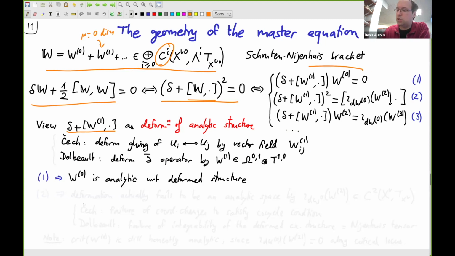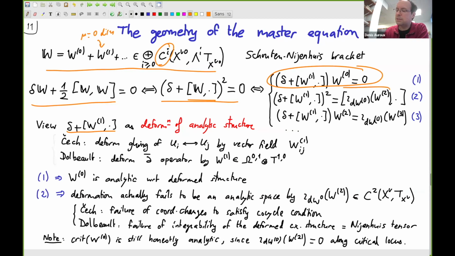So this first equation says W0, the thing that counts Maslov 2 disks, the superpotential, is analytic with respect to this deformed structure. The second equation, however, says that this deformed structure is not an analytic structure. This doesn't square to 0. It fails to be an analytic space by this amount, interior product of d of the superpotential into the next term, W2. And this is, again, breaking into Maslov 2 plus Maslov minus 2.